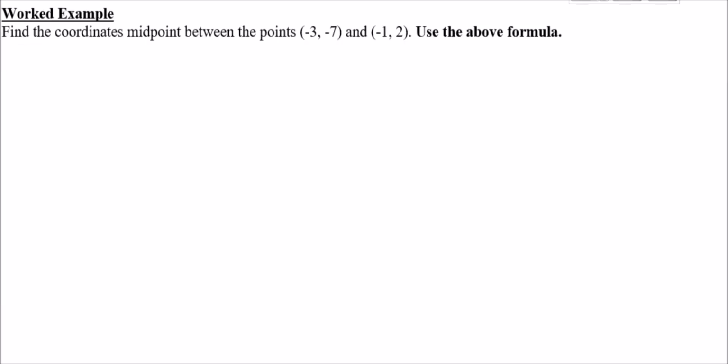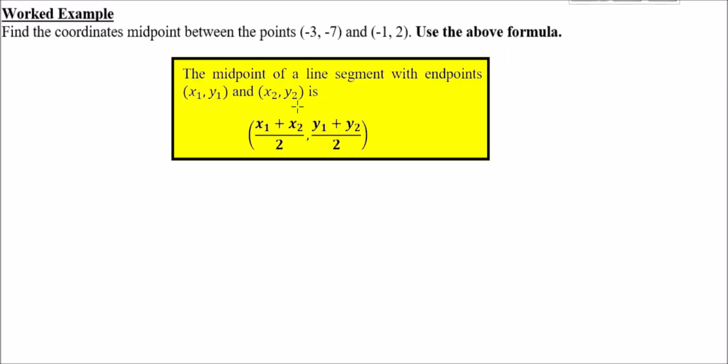So, dead quick, worked example. Using the formula, find the midpoint between these 2 points. It says use the above formula. That's referring to your notes rather than this video. The formula's here, just to remind you. So let's just bang in the numbers, and then we can say we've done the chapter and not missed anything out at all.